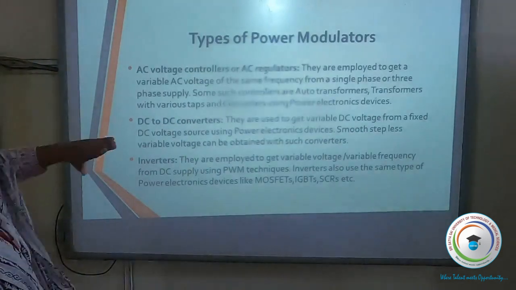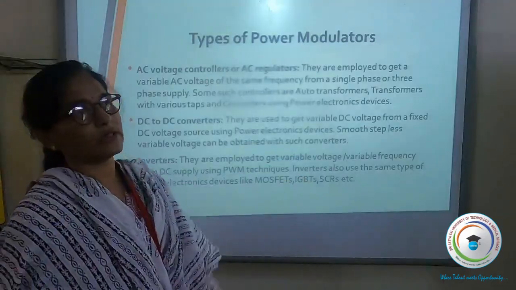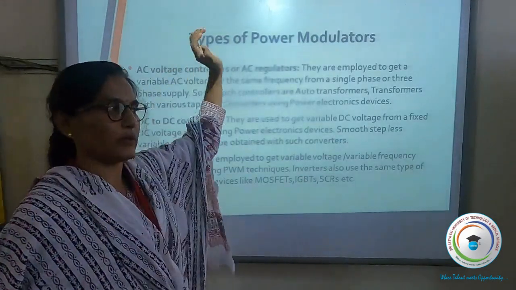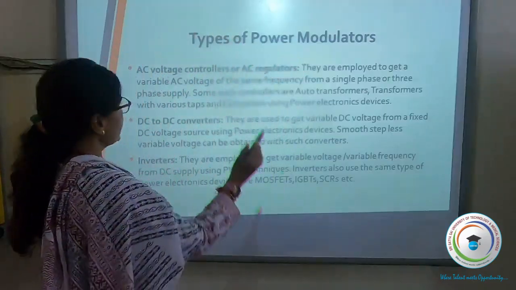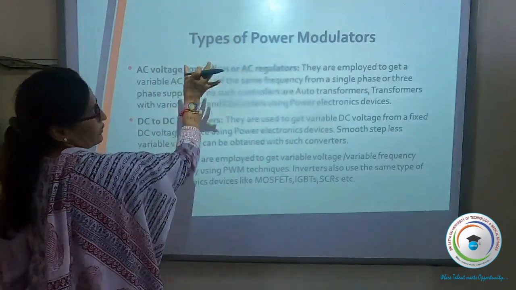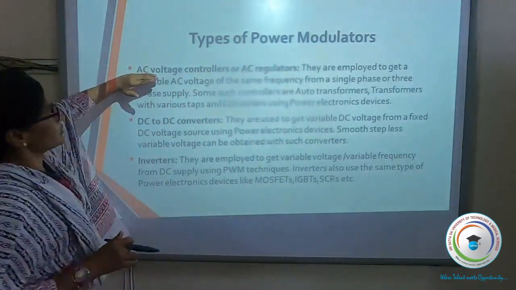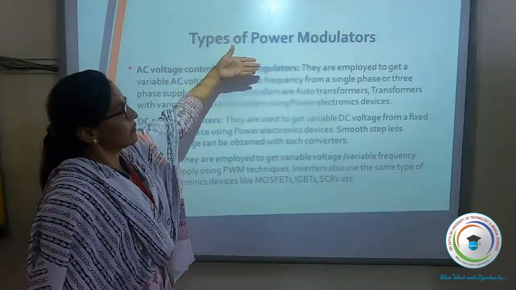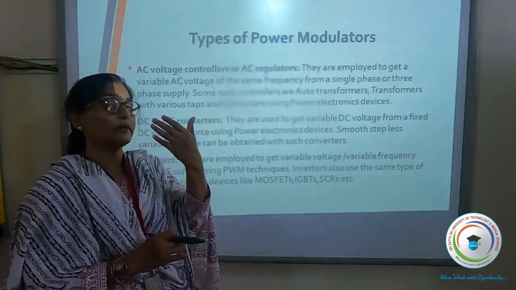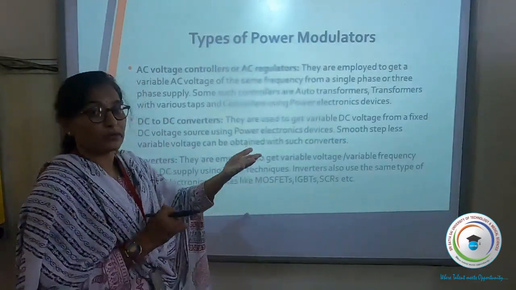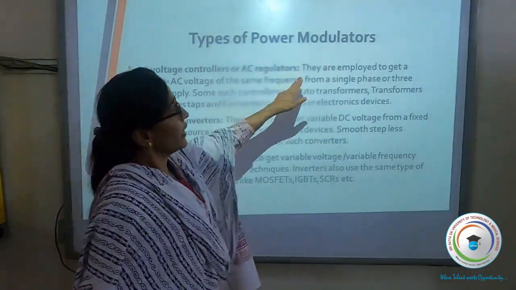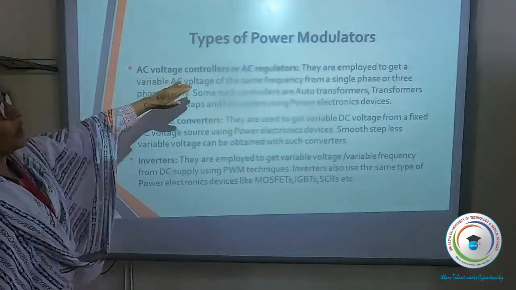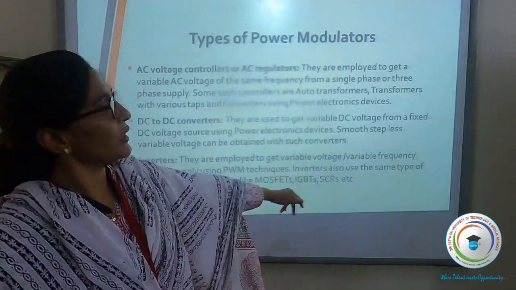Another converter is the AC voltage controller. As the name itself says, it is a voltage controller, and the voltage is AC voltage. Another name given here is AC regulator, meaning it regulates the flow of AC voltage. They are employed to get a variable AC voltage of the same frequency from a single phase or three phase supply.